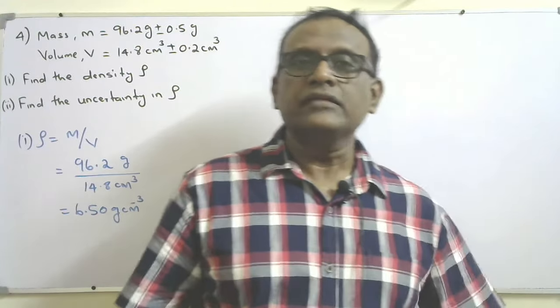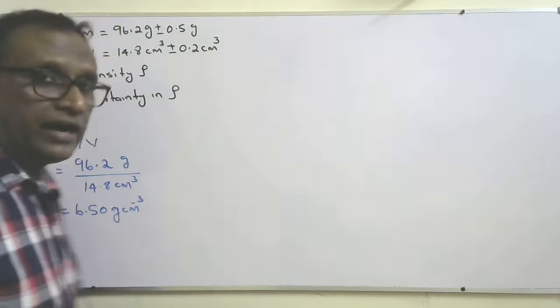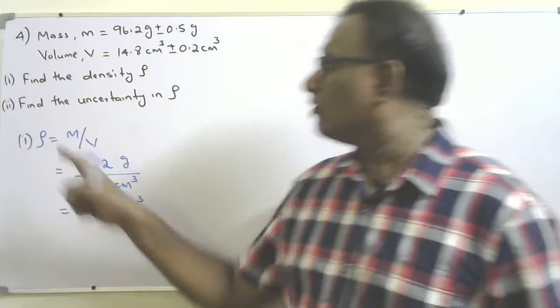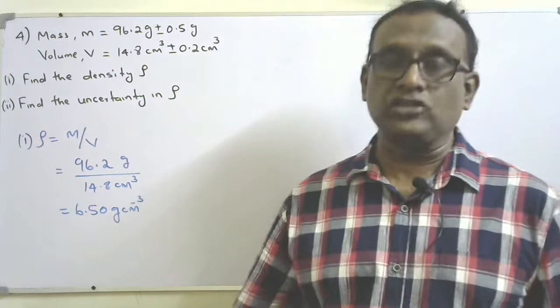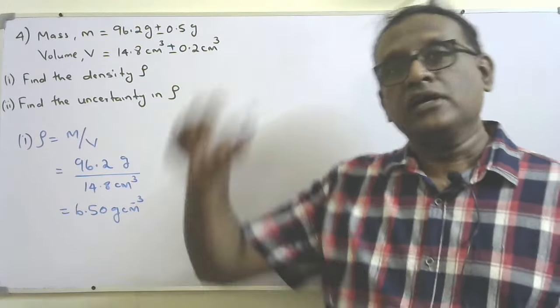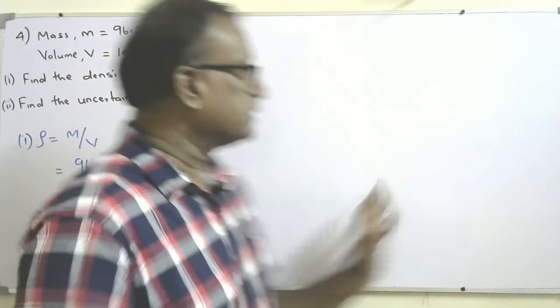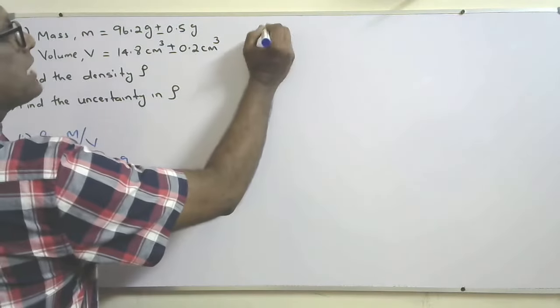Okay, so there's another method to find the second part, where we find the maximum value of density and the minimum value of density, and then take half times maximum minus minimum. That also gives the same uncertainty. So I can say method 2 for the second part.